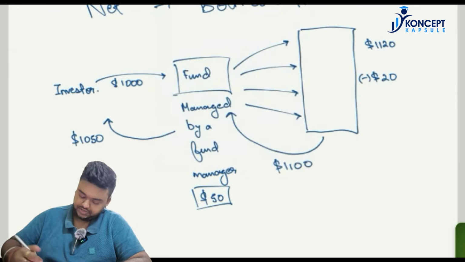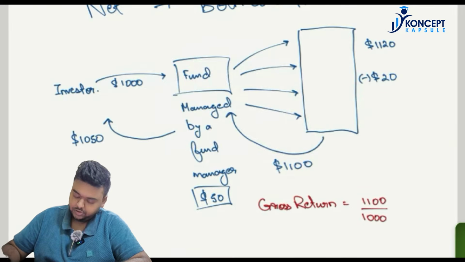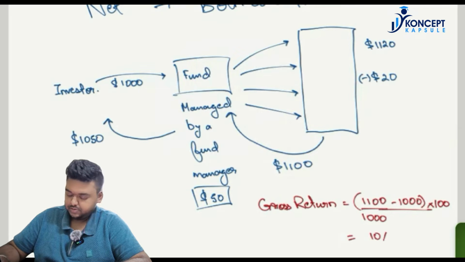Now, what is gross return? In this situation, gross return will be 1,100 divided by 1,000 minus 1, into 100, which is 10%.